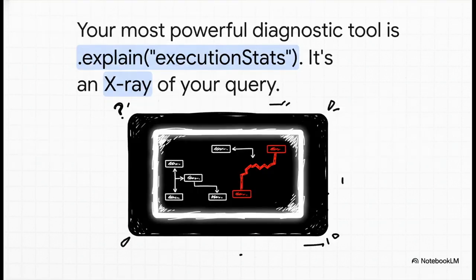Yep, explain("executionStats") is, without a doubt, your most powerful diagnostic tool. Seriously, using this is like getting an X-ray of your query. It doesn't just hand you the answer, it shows you the exact step-by-step plan that MongoDB used to get that answer. And in doing so, it reveals every single inefficiency along the way. It's amazing.